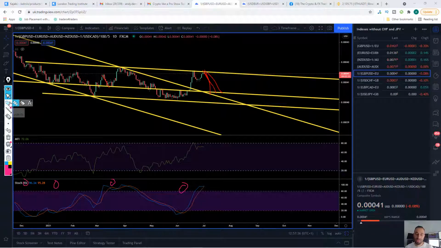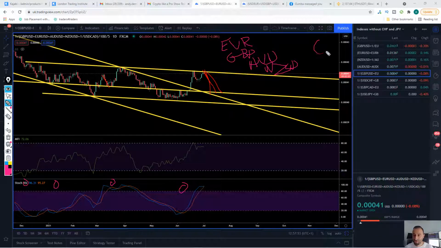What does that mean? It means we should be looking for opportunities to sell the euro, sterling, the Aussie, Kiwi, Swiss, the CAD, anything against the dollar. That's what this is indicating.